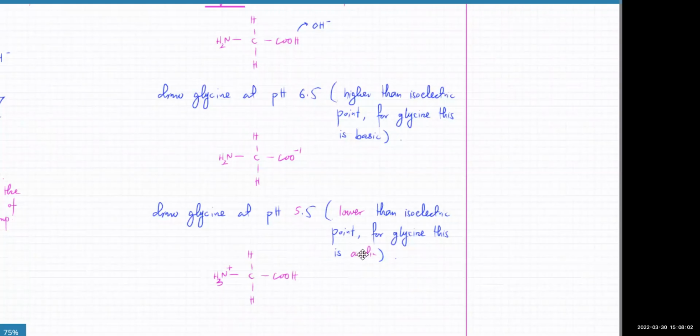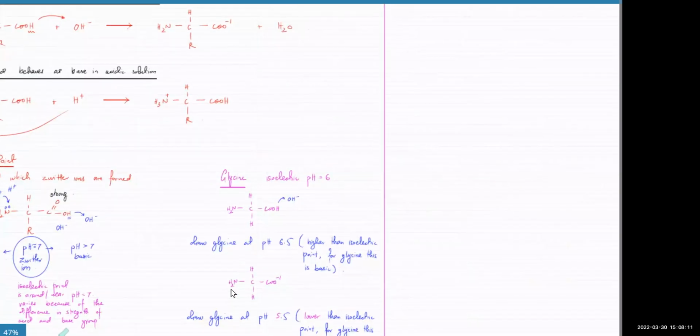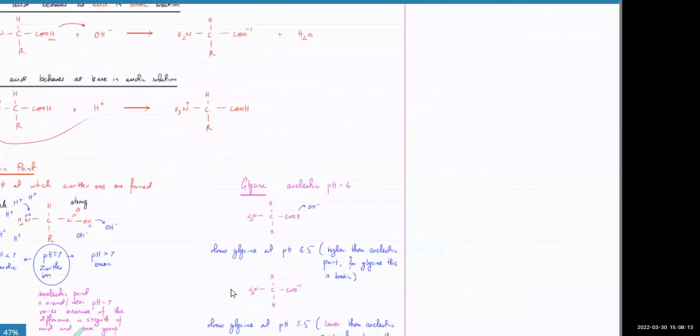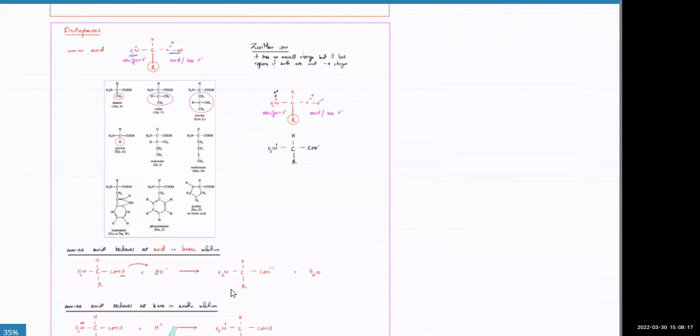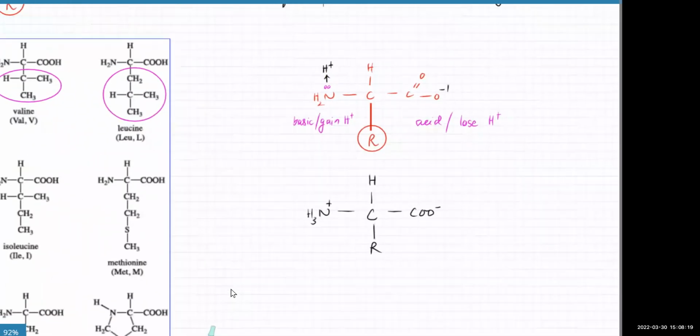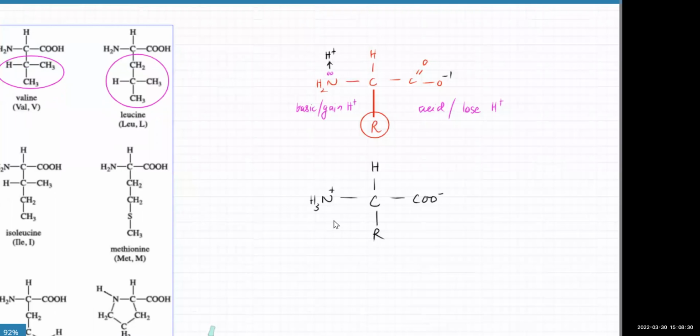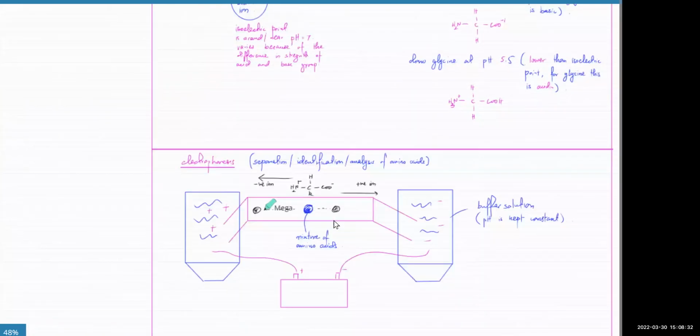Or if it's an acidic medium, if the pH is lesser than the isoelectric point, then it would behave as a positive ion. या फिर वो तीसरी चीज पड़ी थी कि which was a zwitterion, कि it can do both things, कि it can form the negative ion as well as the positive ion, but that would happen if the pH is at the isoelectric point. तो 3 forms है.